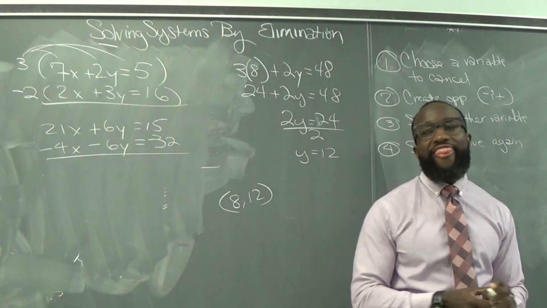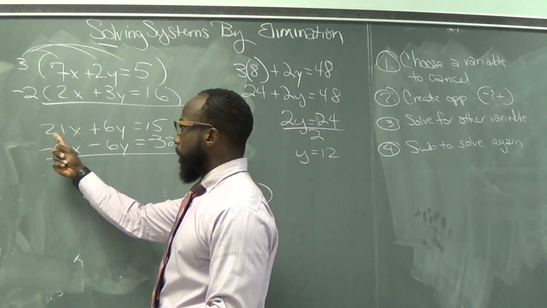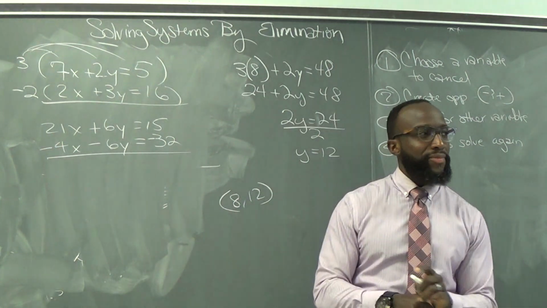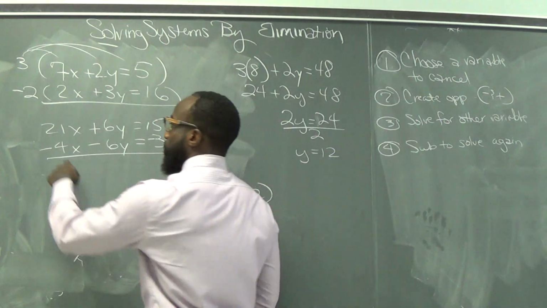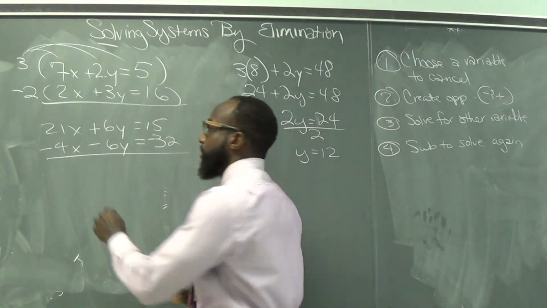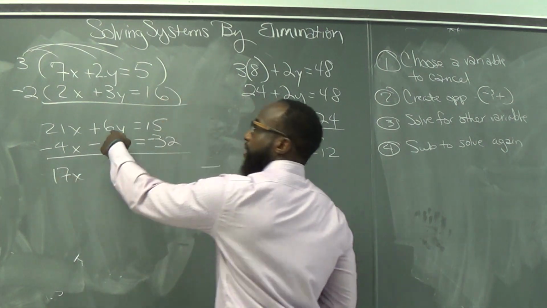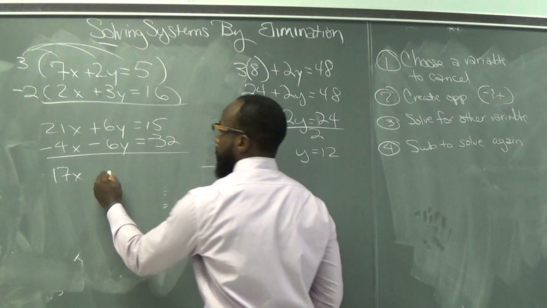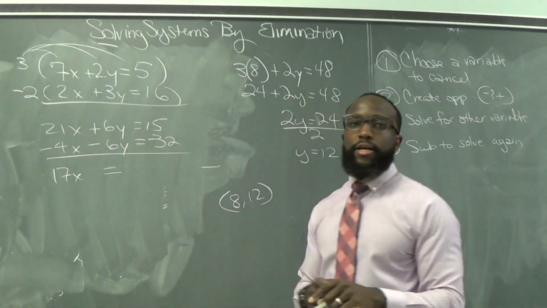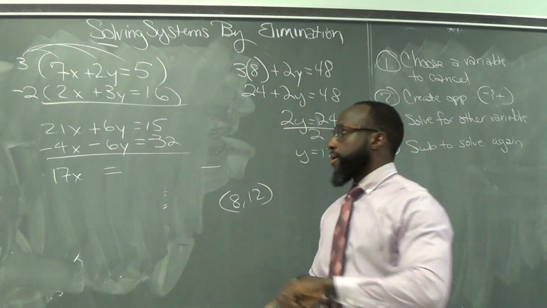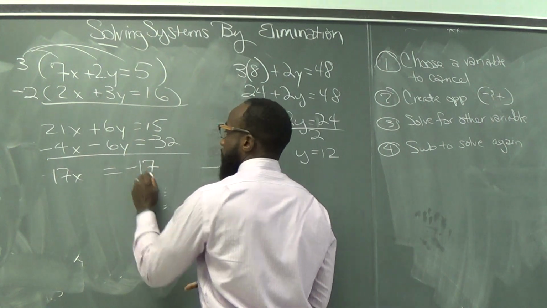Now we can do the math. 21 minus 4 is 17, so 17x. 6 minus 6 is 0. And 15 minus 32 is -17.